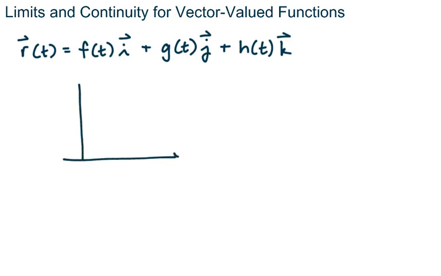So, if we think about this in our xy plane, because it's easier for us to visualize and draw in two space, maybe we have some point where we're starting, and this curve is traveling out in some direction over here to the right.